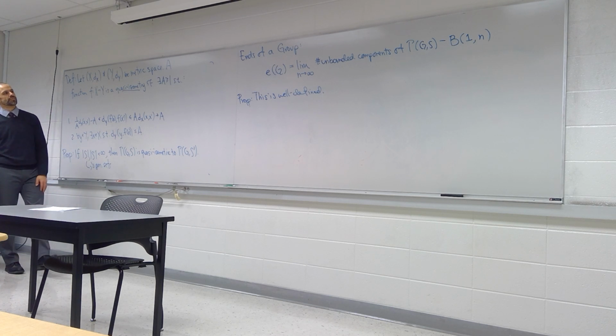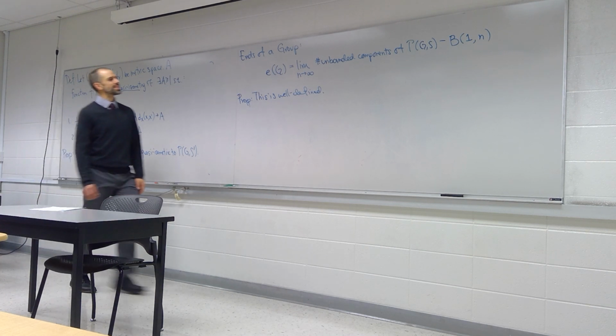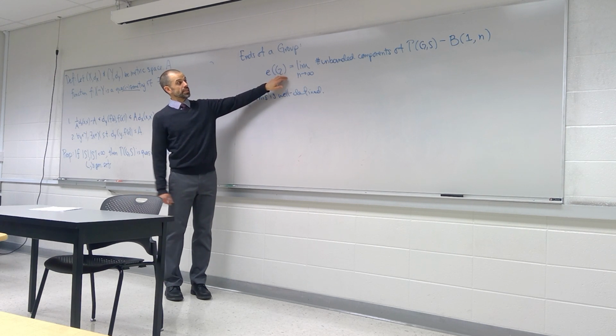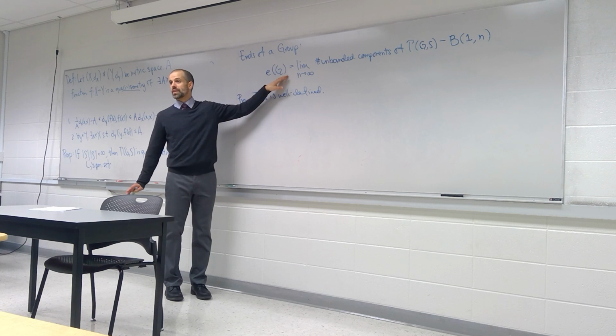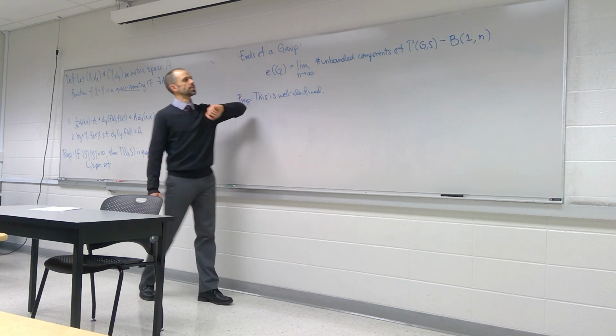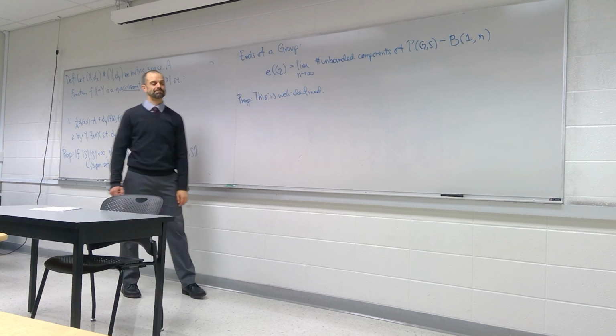You can make this definition for any metric space, and if two metric spaces are quasi-isometric, they have the same number. What type of object is this? It's either a non-negative integer, or it could possibly be infinity. If the number of unbounded components grows without being bounded above, then we just say that the number of ends is infinite.